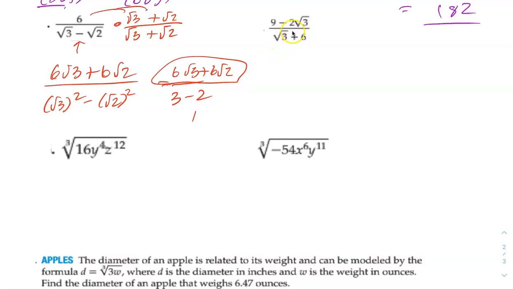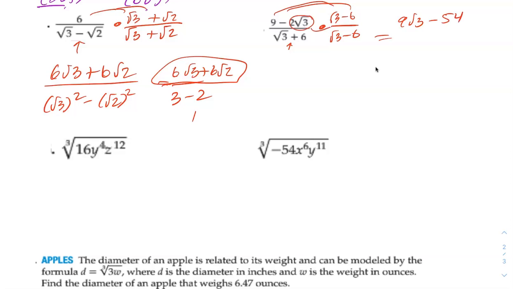Same with the next one. It's again a fraction. I can't have a radical in the denominator, so how do you get rid of it? You do the conjugate, which is you just change the middle sign. So rad 3 minus 6, rad 3 minus 6. On top, you just got to distribute. That's kind of annoying. So I get 9 rad 3 minus 54, and then you do this one. That's a radical, so it only multiplies by the radical.